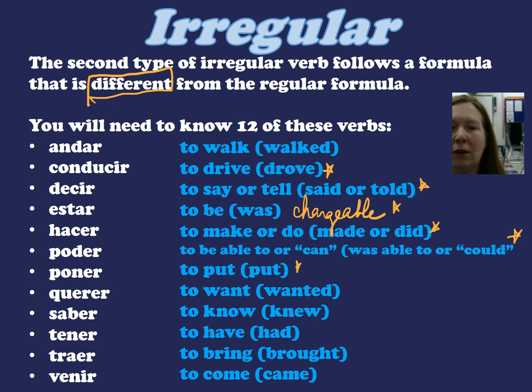Put, irregular. Wanted is regular, we have the ed. Knew, irregular. Had, irregular. Brought, irregular. Came, irregular. You can't put an ed on them and make the past tense. So many of the verbs that are irregular in Spanish are also irregular in English, but remember that not all of them. So you do have to know the list in Spanish, and you have to know that they are irregular.